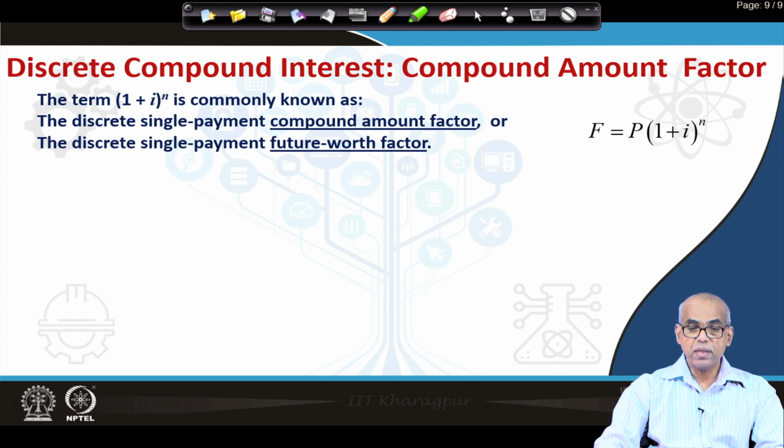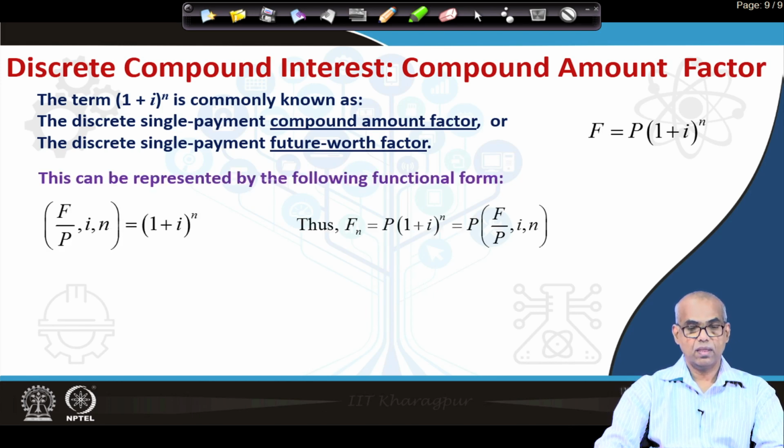The term 1 plus I to the power n is commonly known as the discrete single payment compound amount factor or the discrete single payment future worth factor. So, remember these terms: compound amount factor, future worth factor.